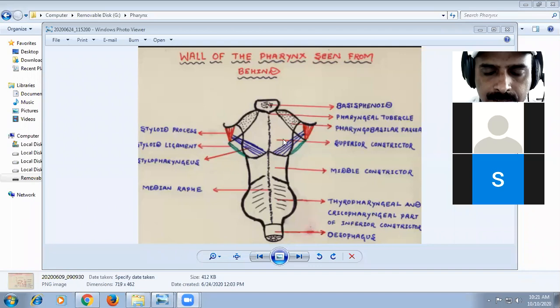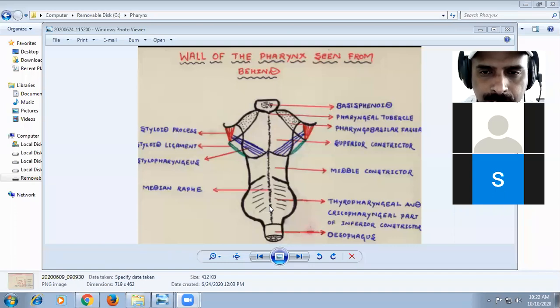Almost all fibers travel posteriorly. Both the right and left sides come and join at the median raphe, which is the insertion point of the pharyngeal muscles.